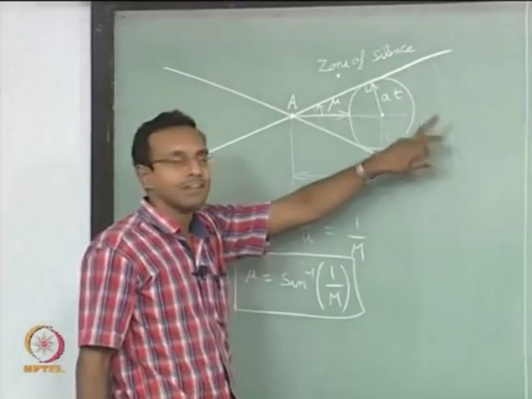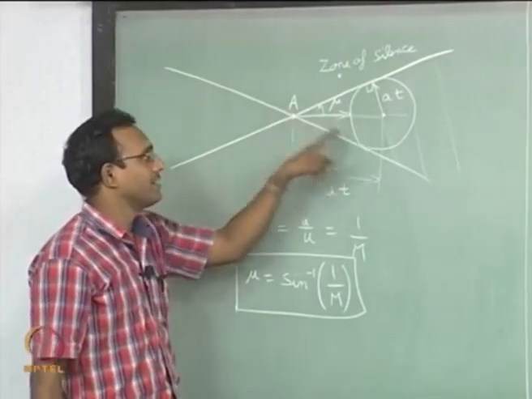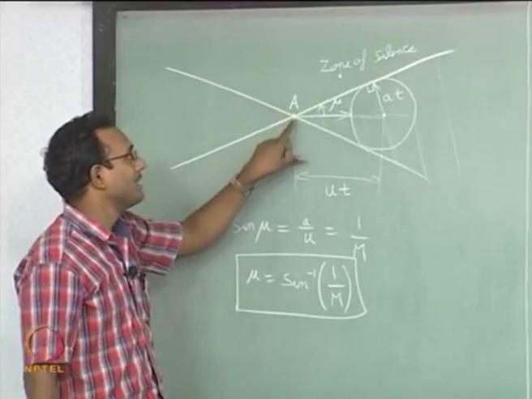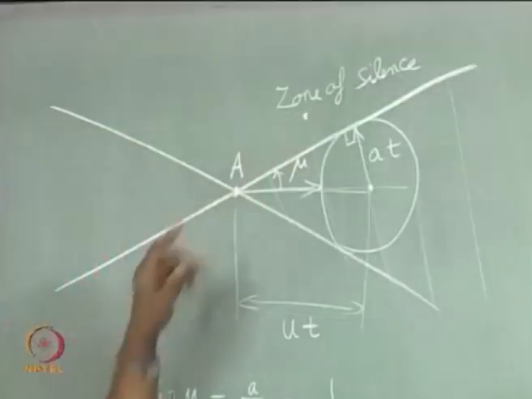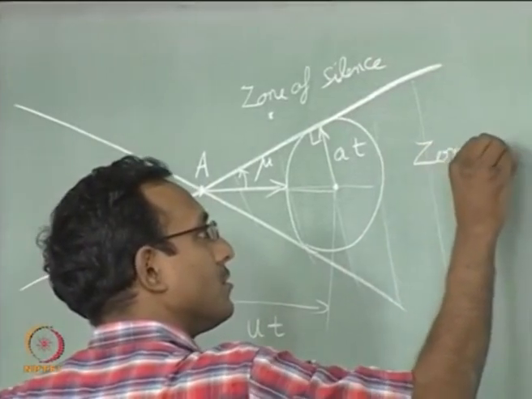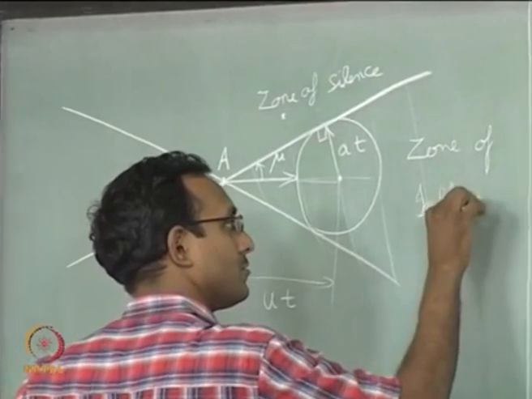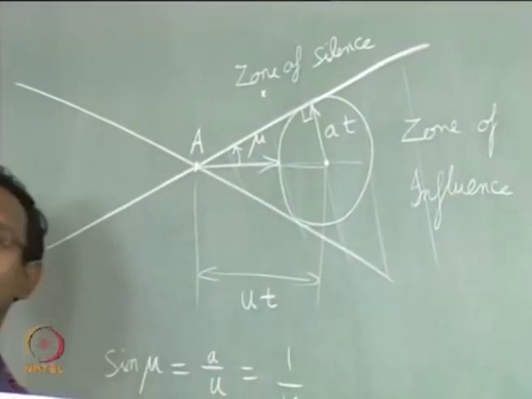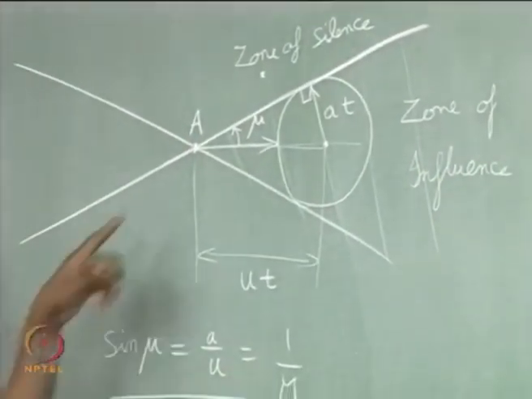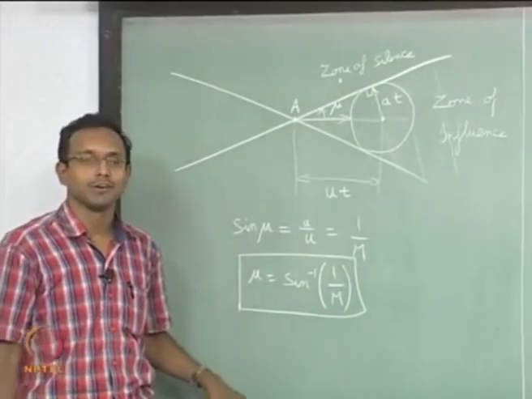No other point outside this whole wedge like area can be influenced by any change at this point here. So, I am going to call this my zone of influence. It could be called zone of action also, by basically saying if I change something, only this region acts on it.